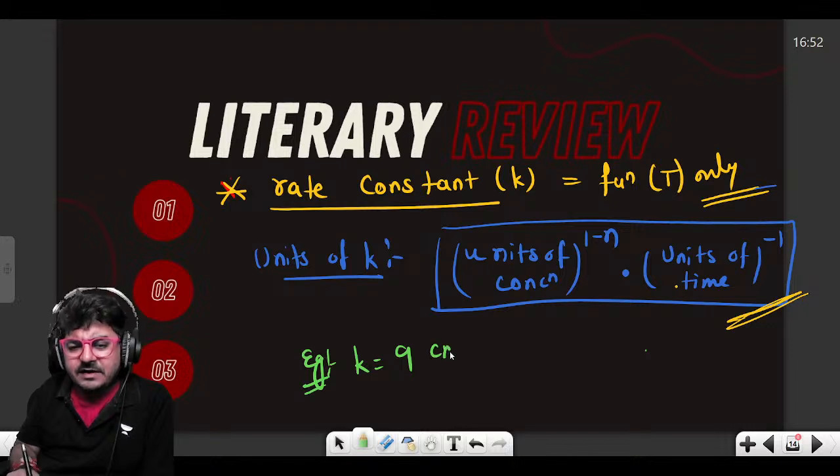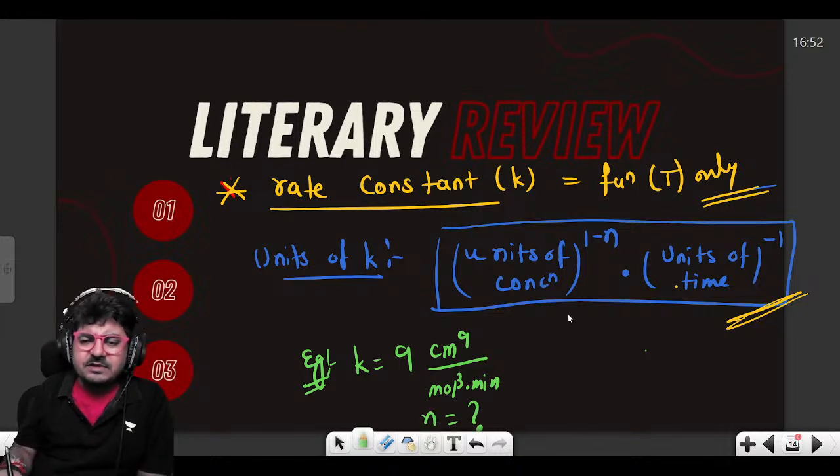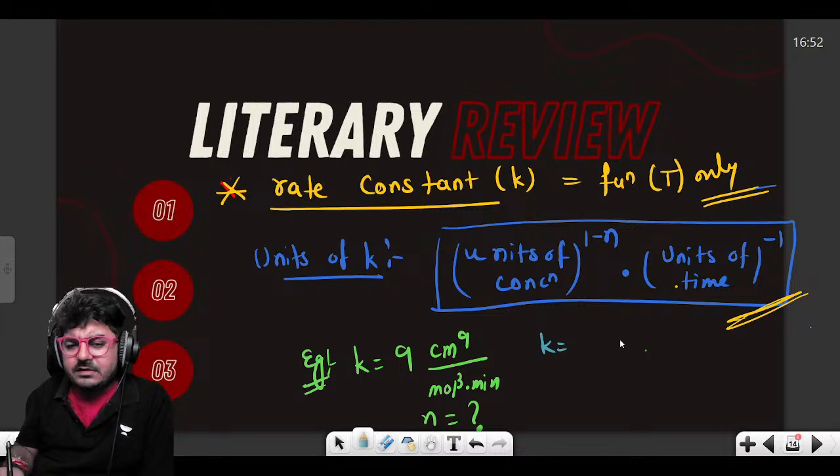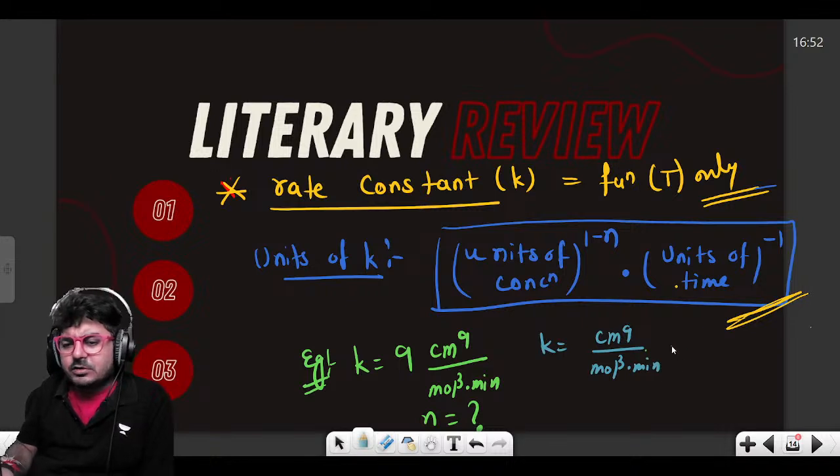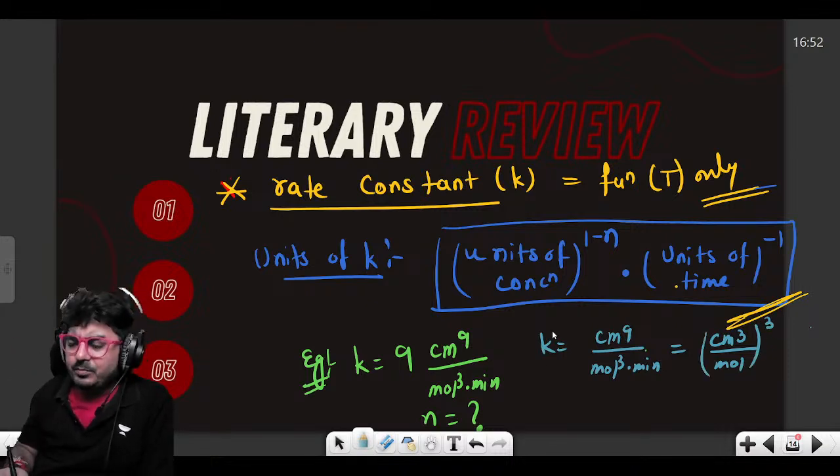फॉर एनी केमिकल रिएक्शन द रेट कांस्टेंट k इज लेट्स से 9 सेंटीमीटर पावर 9 अपॉन मोल क्यूब पर मिनट, तो बताओ व्हाट विल बी द ऑर्डर ऑफ रिएक्शन, ओवरऑल ऑर्डर ऑफ रिएक्शन? तो आप बता सकते हो इजीली, है ना? तो यू कैन सी दैट हियर k की यूनिट्स क्या है? सेंटीमीटर पावर 9 अपॉन मोल क्यूब पर मिनट, तो यू कैन ऑल्सो राइट इट एज सेंटीमीटर क्यूब पर मोल क्यूब, because you know concentration is what, मोल पर मीटर क्यूब, मोल पर वॉल्यूम। तो इन टर्म्स ऑफ सेंटीमीटर, वॉल्यूम की यूनिट्स क्या होती है? क्यूबिक सेंटीमीटर। तो इसे सेंटीमीटर पावर 9 कैन बी रिटन लाइक दिस, सेंटीमीटर क्यूब पावर क्यूब into minute inverse.